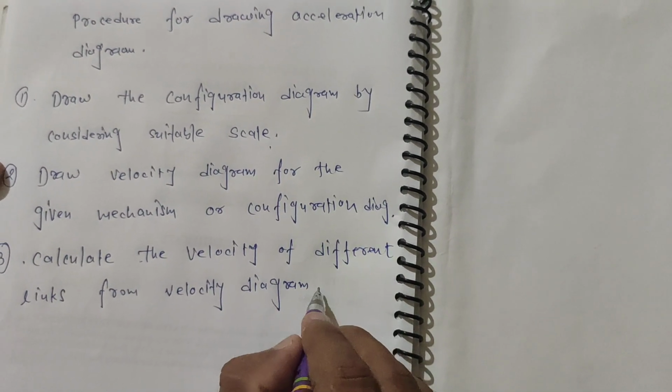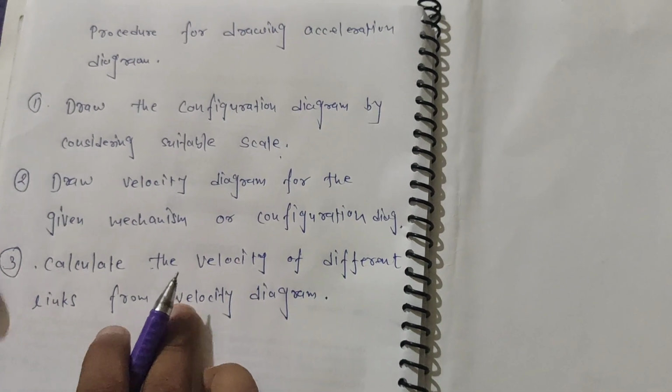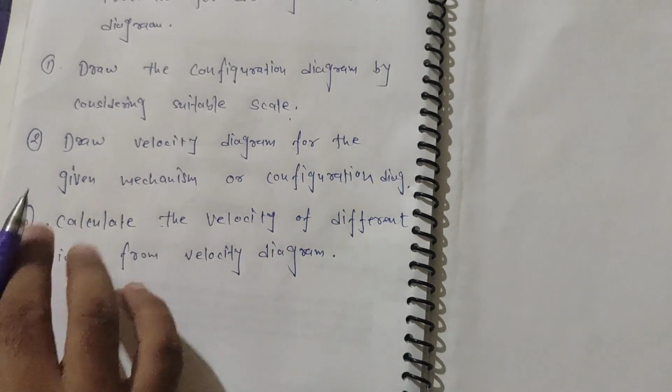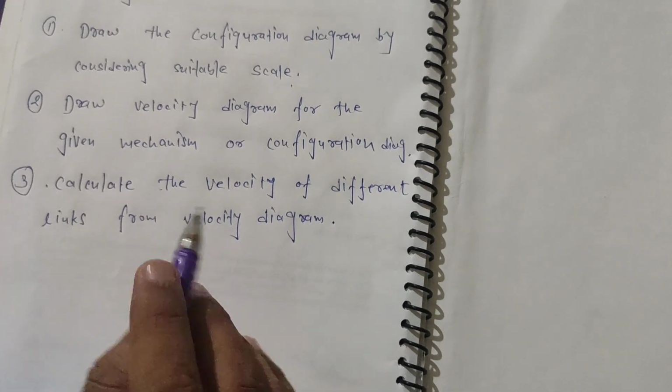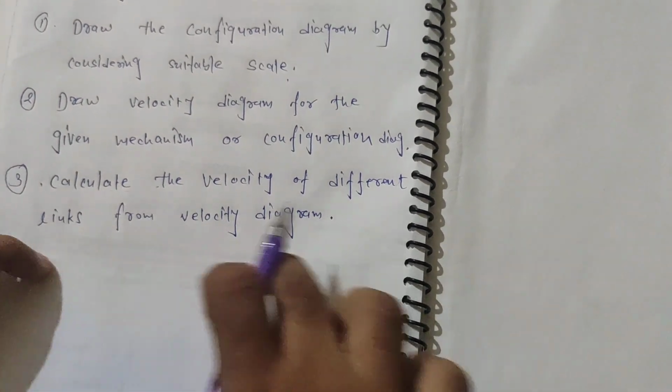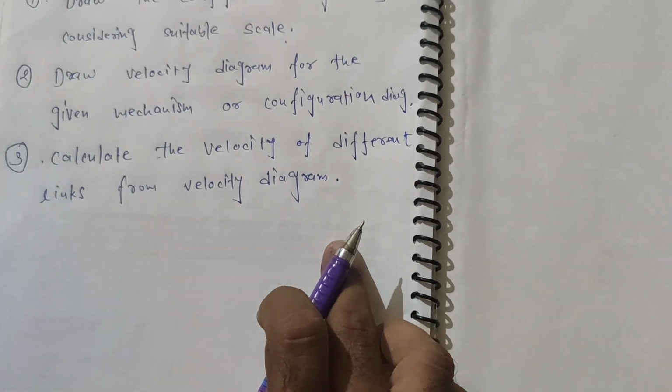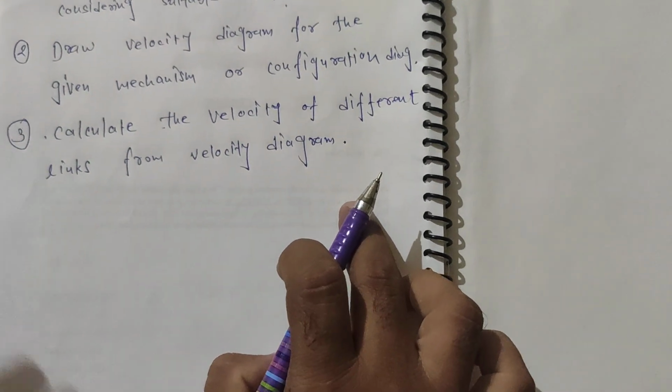Okay, after calculating the velocity of the different links from the velocity diagram, what we have to make? We have to make one table. Okay, so the table may be in a fixed format for everyone. After completing all the calculation of the velocity diagram, we have to make one table.